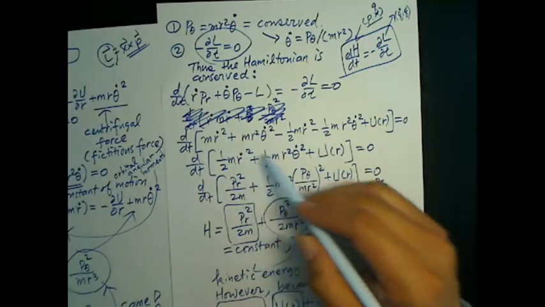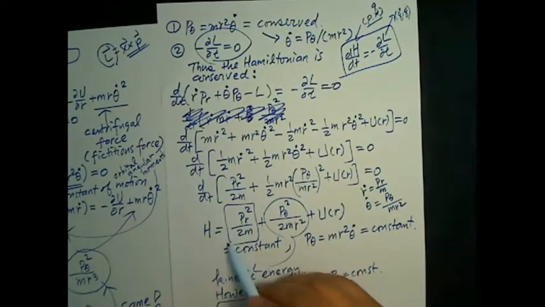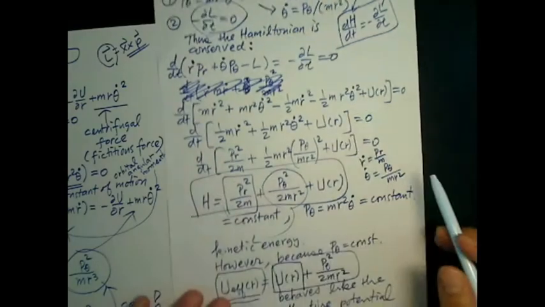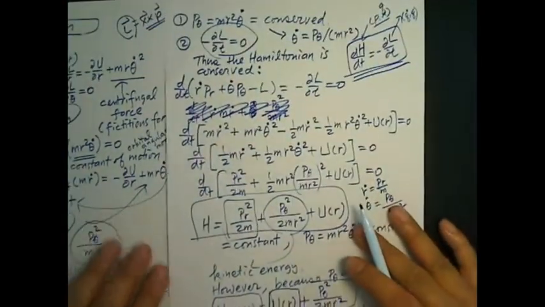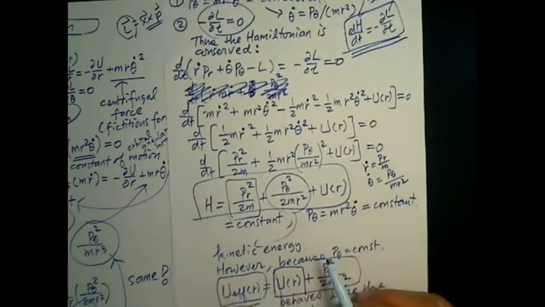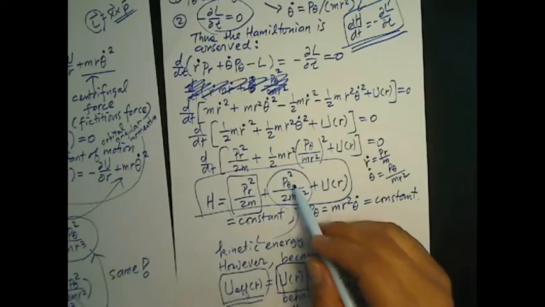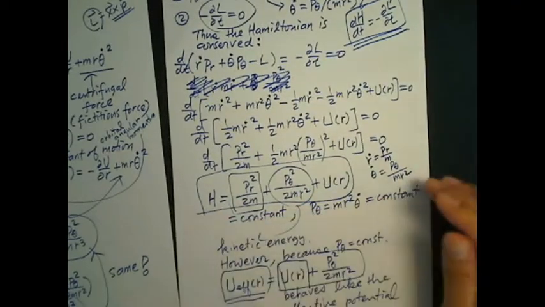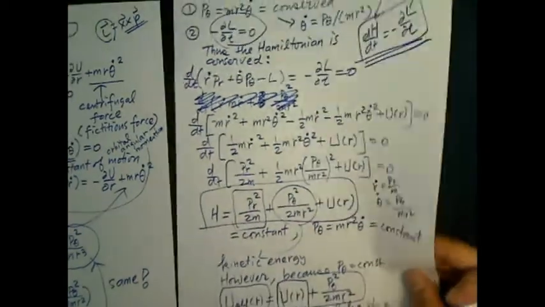I can substitute to find out the Hamiltonian of the system. Actually, from the second form of the Euler-Lagrange equation, this Hamiltonian is another constant of motion in here. P theta is a constant of motion, and the Hamiltonian is also a constant of motion.